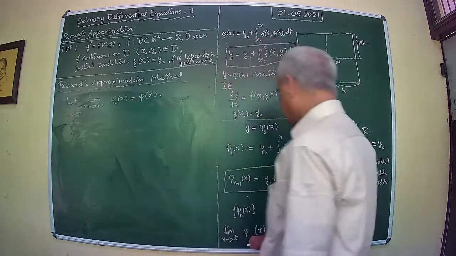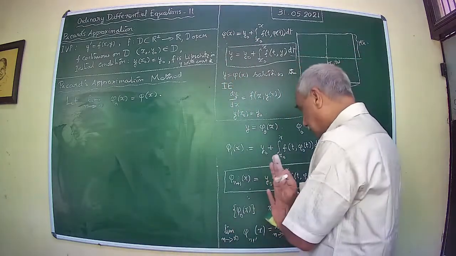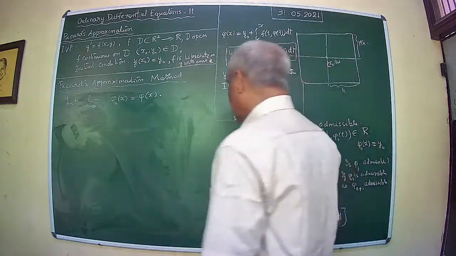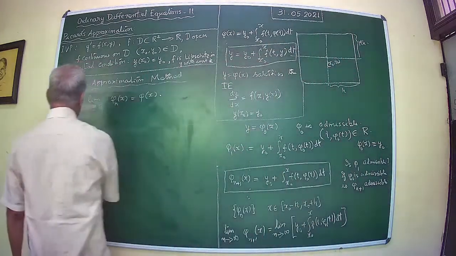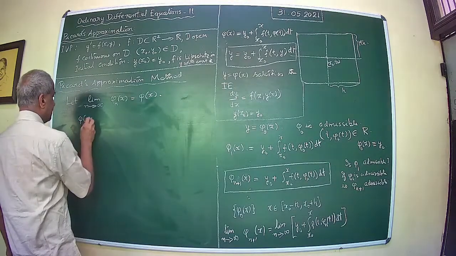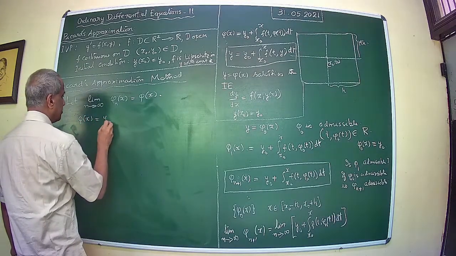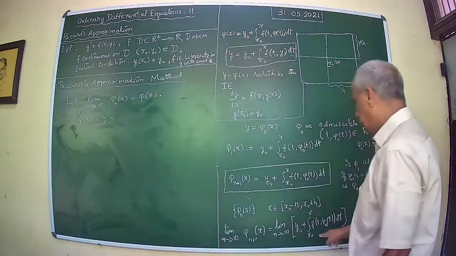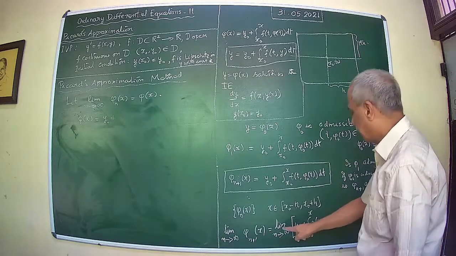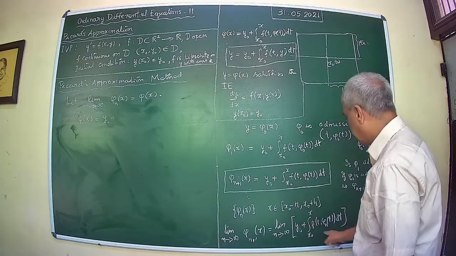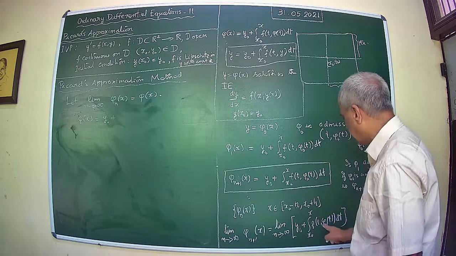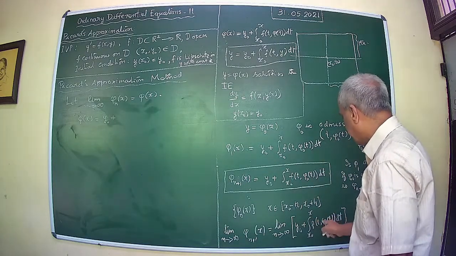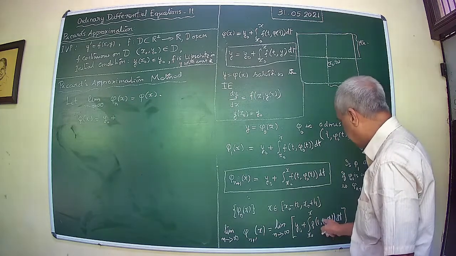Therefore, if you proceed to the limit, see, all this has to be rigorously worked out. So you end up with phi x equal to y naught plus the limit as n tends to infinity of this integral. We assume that the limit can go inside and use the continuity of f, etc. So you eventually get the limit can go inside the function f also.